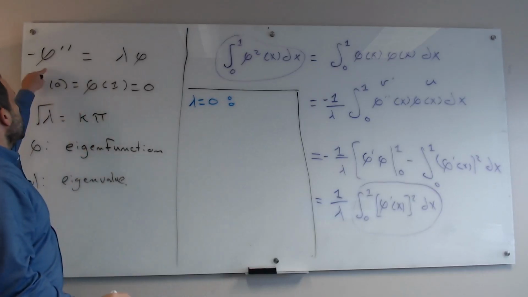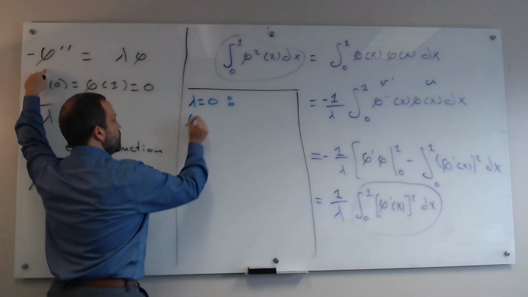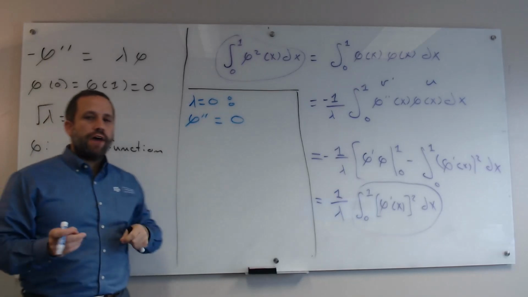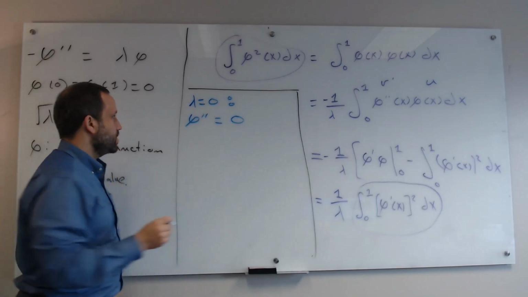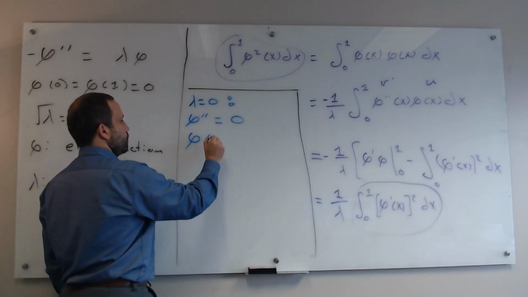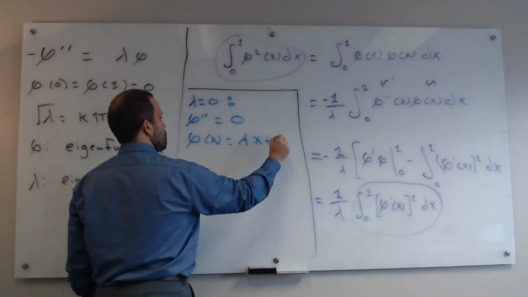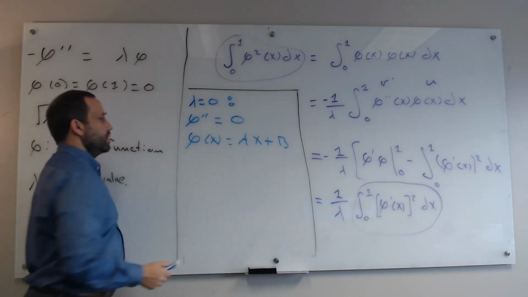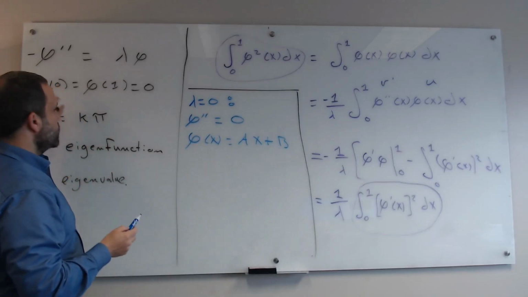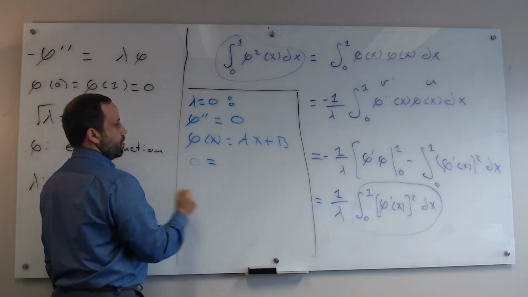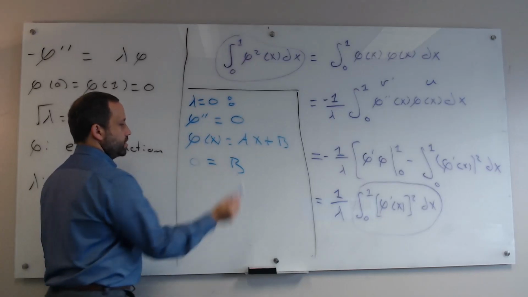Okay, well if we come up here, if lambda is equal to 0, this means the second derivative is equal to 0. So if you have a function of one variable and the second derivative is equal to 0, it has the form phi of x equals ax plus b. So if you look at the boundary conditions, I know that 0 is equal to phi of 0. If you plug in x equals 0, you just get b.